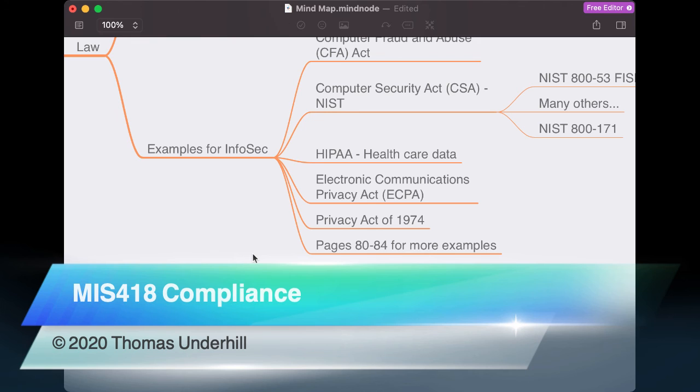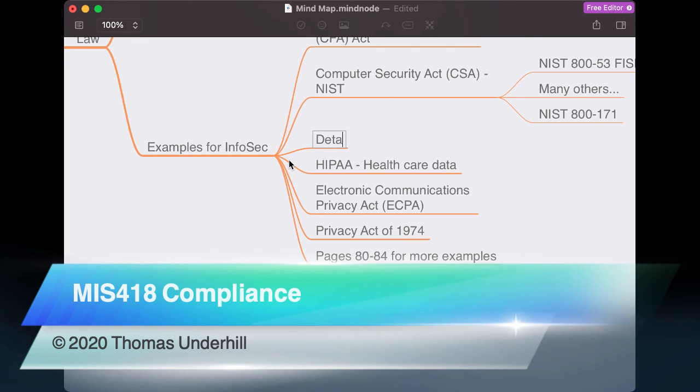For more information about each one of these, you can look at the details, pages 84 through 95.